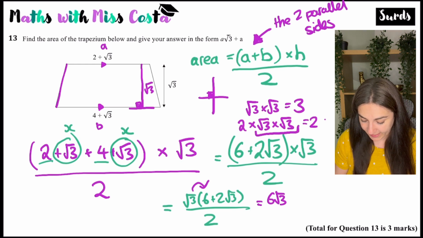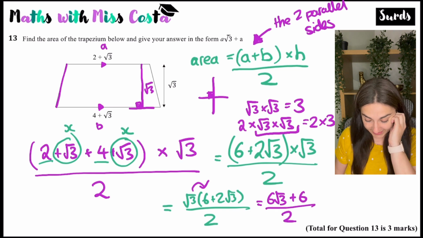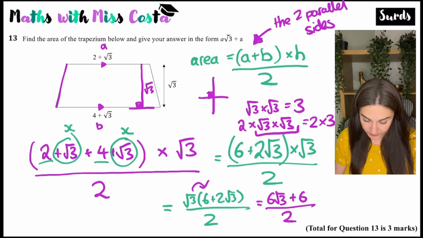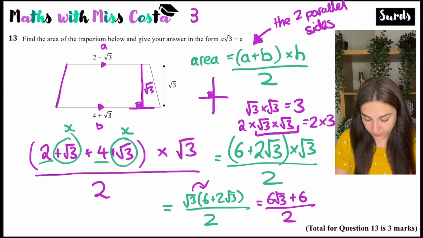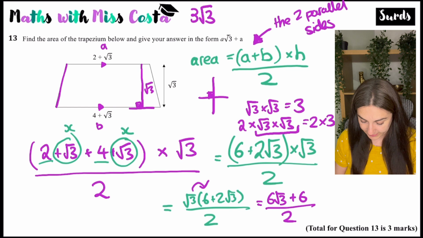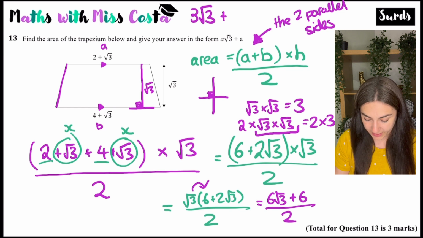So that's the same as saying 2 times 3, which is 6. So I'm left with 6 root 3 plus 6 over 2. And all I need to do is divide everything by 2. So 6 root 3 divided by 2 is going to give me 3 root 3. And 6 divided by 2 is 3.